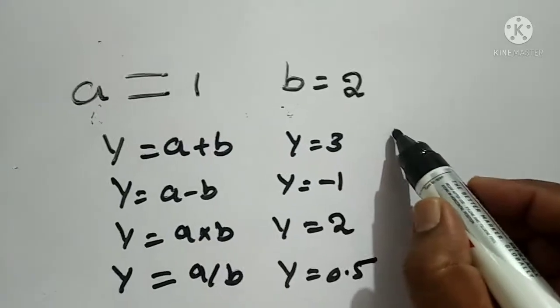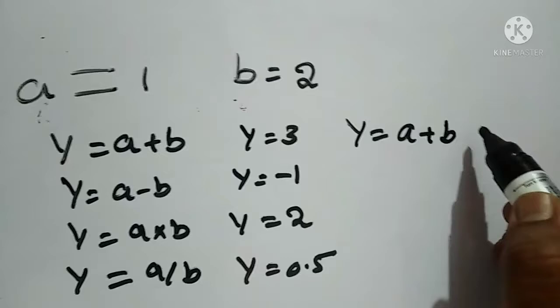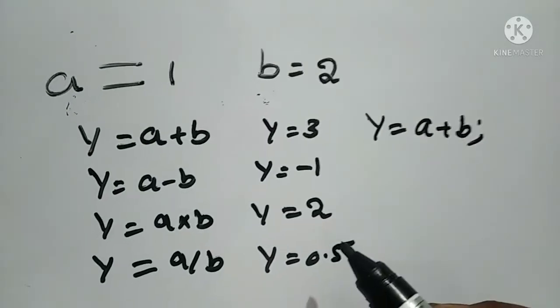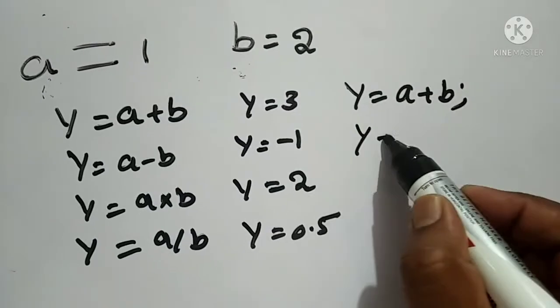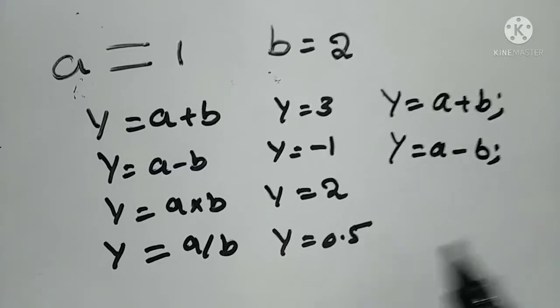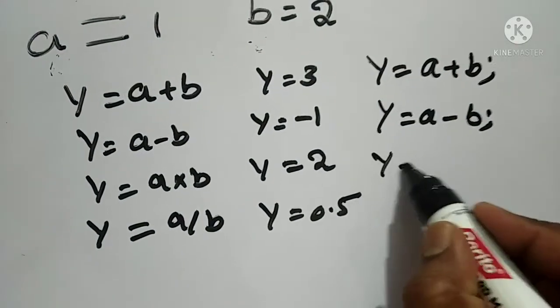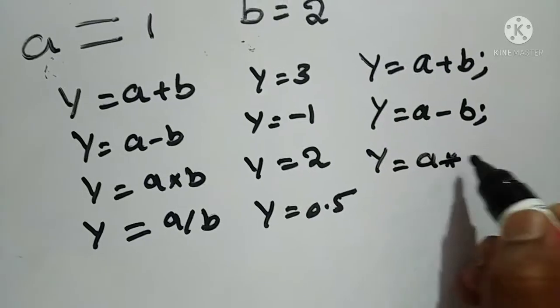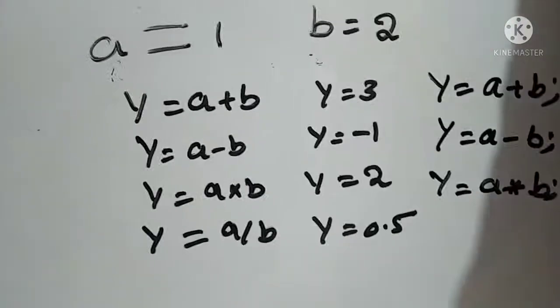The expression for addition in C language is a + b only, without any change, but we put a semicolon to indicate the end of a line. For subtraction we write a - b. For multiplication we use the star operator, a * b.